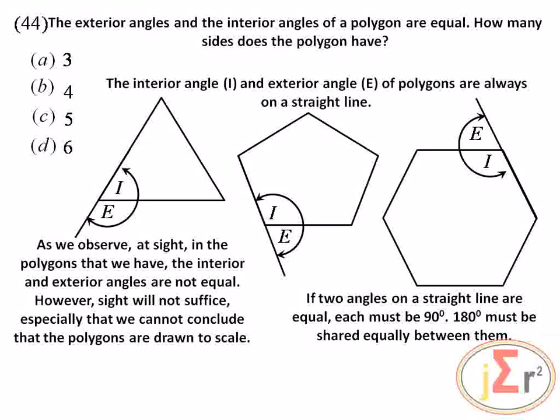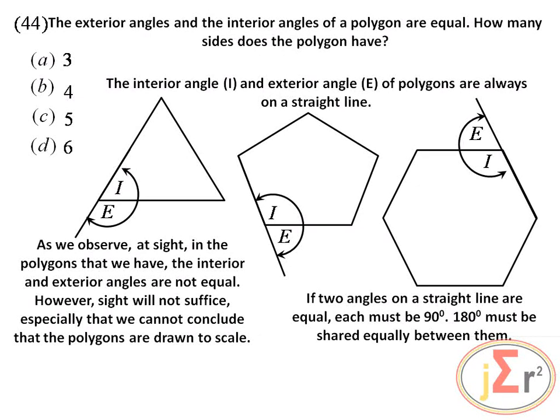So if you have two angles on a straight line and they are equal, then the 180 degrees must be shared equally between the two angles. Therefore, the angle will be divided by 2. One will be 90 degrees and the other will be 90 degrees.